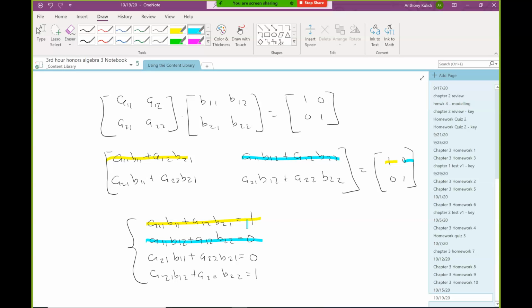So what I'm going to do here is this equation and this equation have the same B's in it, right? So that becomes a 2-variable system.